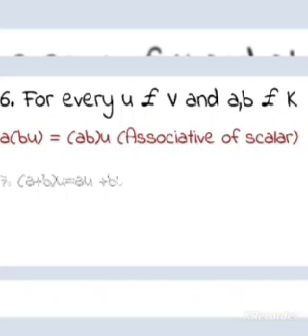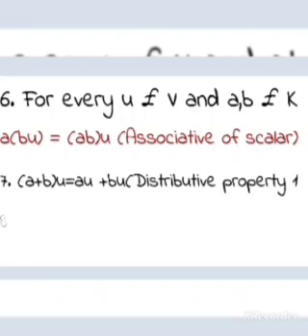Now the seventh one has the addition of two scalars in brackets, (a plus b)u is equal to au plus bu. Now this is known as the distributive property of scalar multiplication, where there are two scalars.